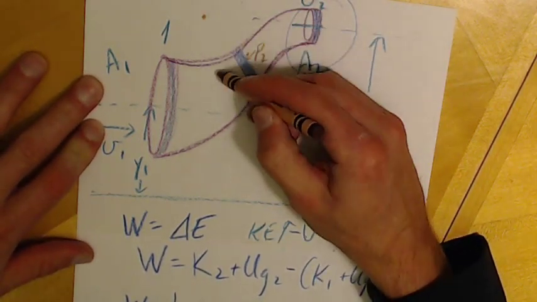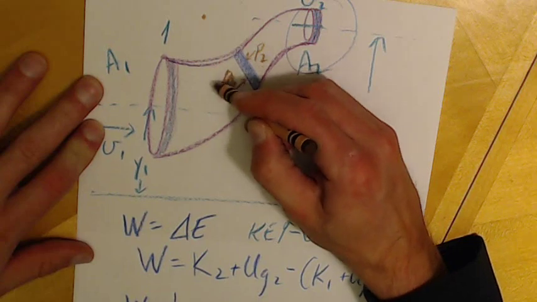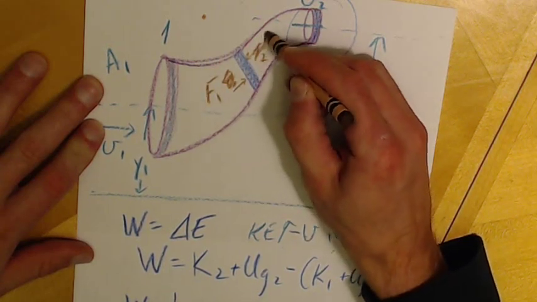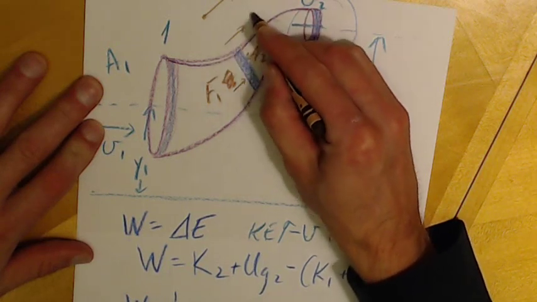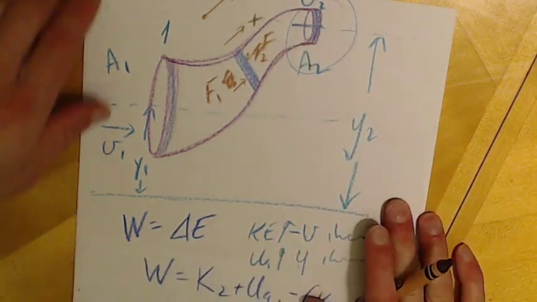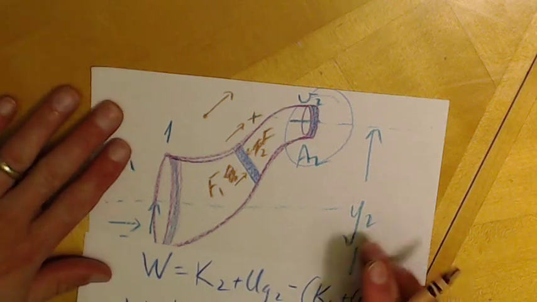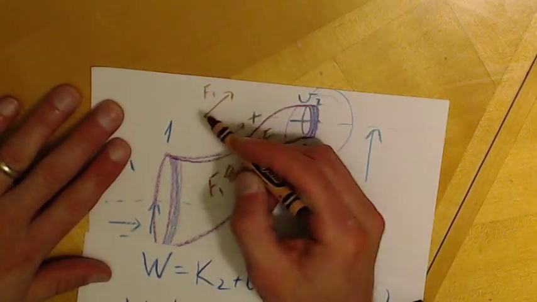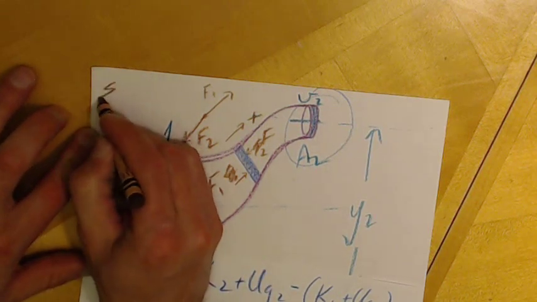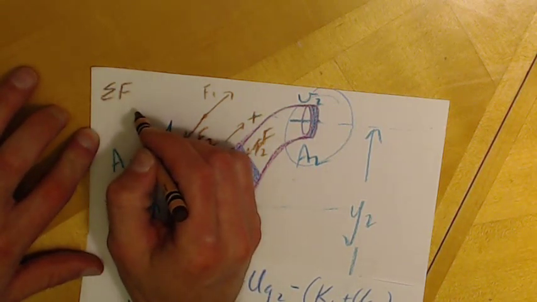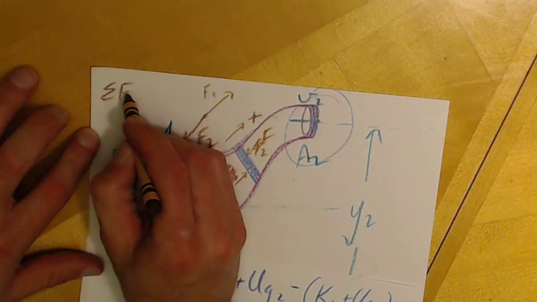I'm going to call them F1 and F2. F1 is pushing that way. I'm going to make this way positive. F1 is pushing that way, and F2 is pushing that way. The sum of these forces is what I'm looking for.